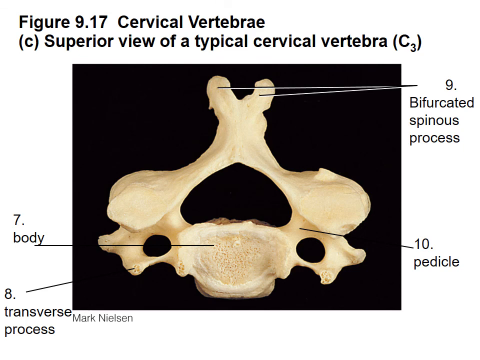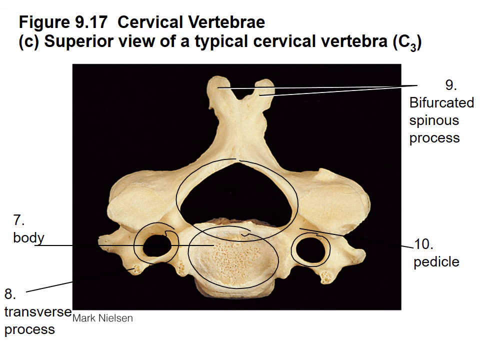So here's an actual vertebra. This is C3, so you have an obvious transverse foramen, vertebral foramen, and body. You're starting to get more of a body. Once you get down to C3, you actually have bodies. C1 and C2 don't really have a body. And the bifurcated spinous process is very prominent as you go down from C3 through C7. Next slide.